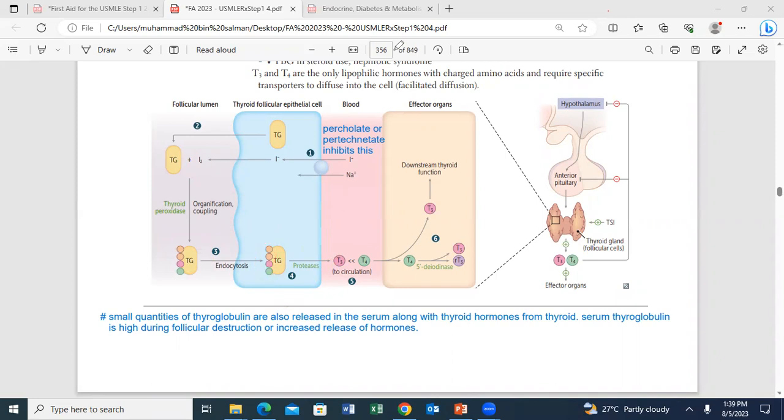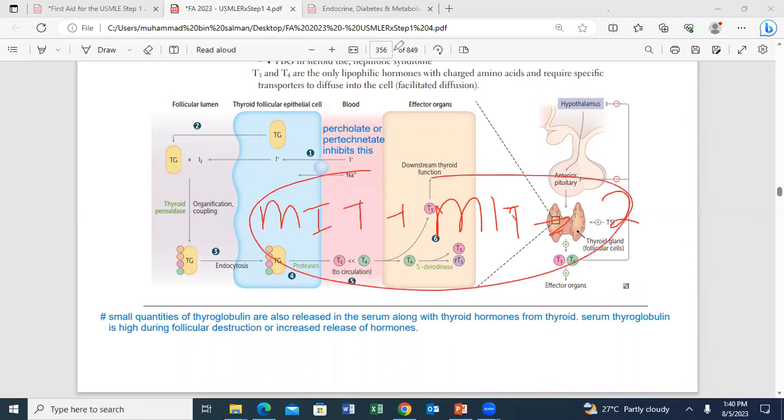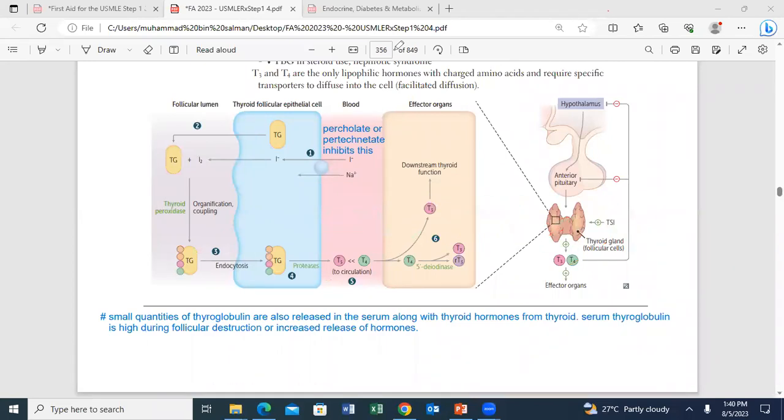MIT means it has one iodine. Let me draw this for you. If one MIT is combined with another MIT, that will make something with two iodine molecules, but this kind of combination usually does not exist. Usually a DIT is also involved.